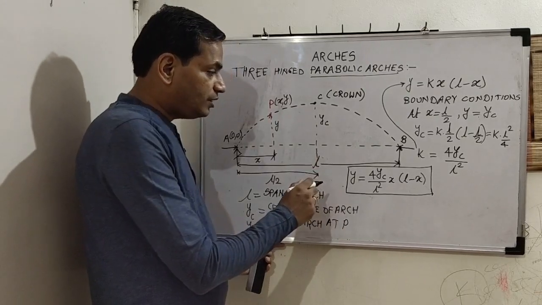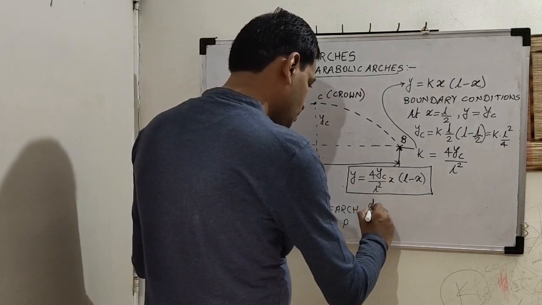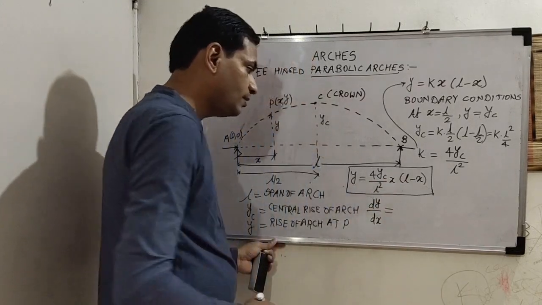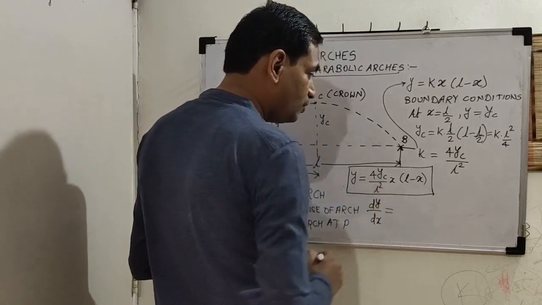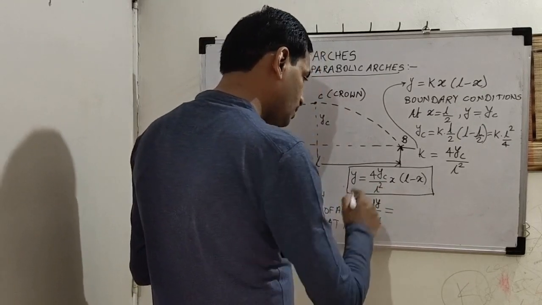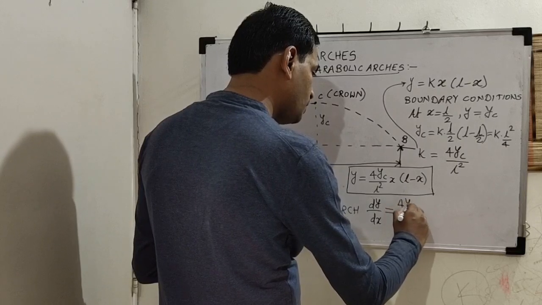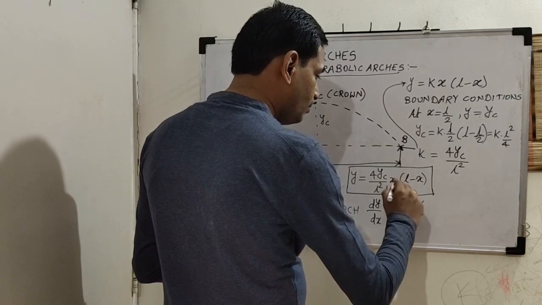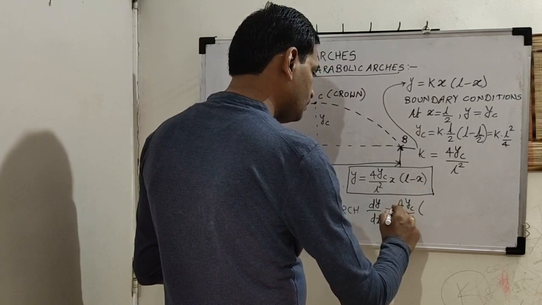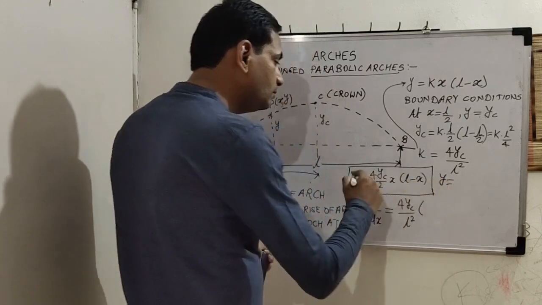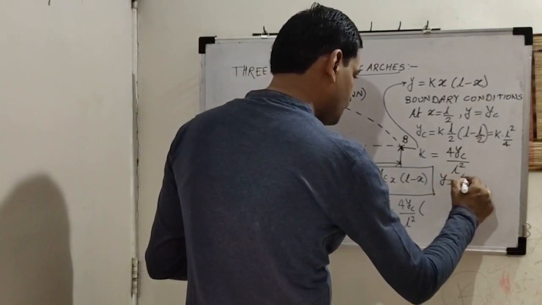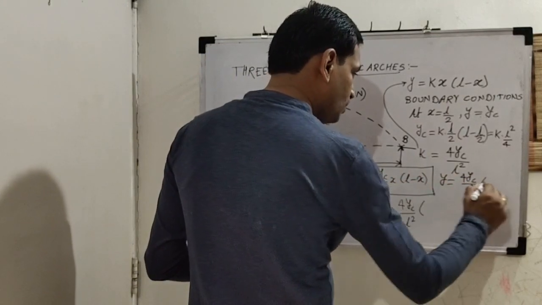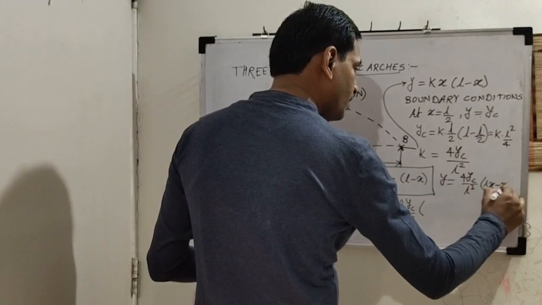Now if you differentiate this, what you will get is dy by dx is equal to, yc is constant, L square is also constant, so 4yc upon L square into, you multiply this inside the bracket first, so y, we will rewrite this first as 4yc upon L square into, you multiply x to the bracket, it will become Lx minus x square, correct?